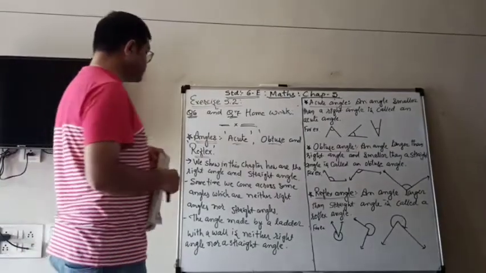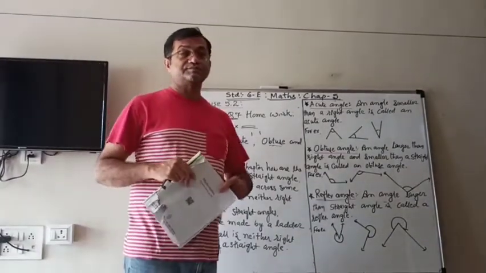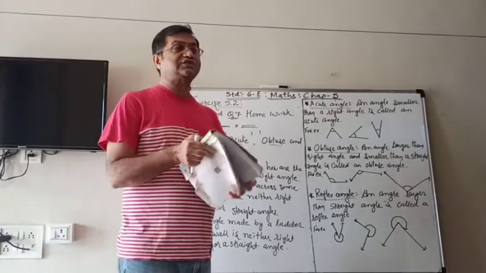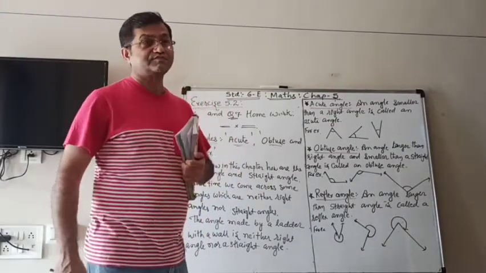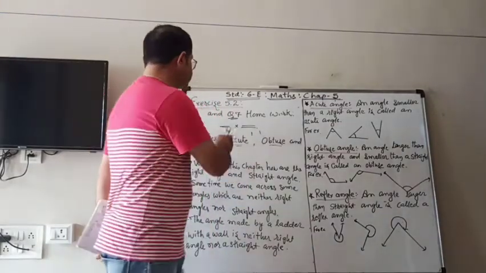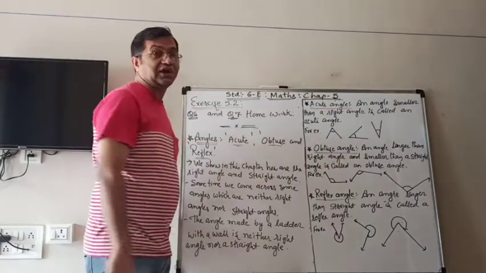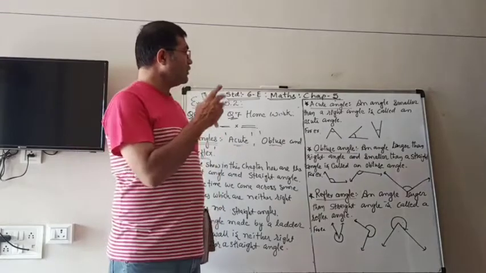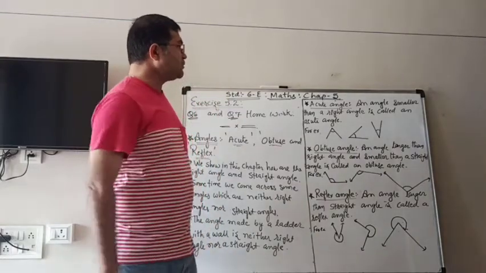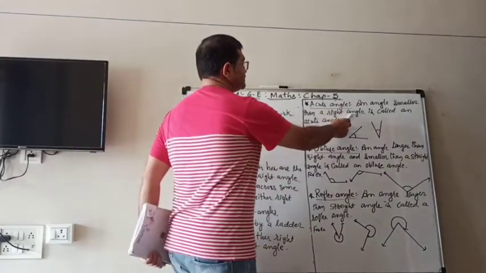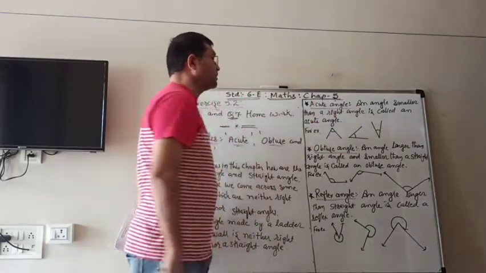Now, which types of angles are there? So we come across three types of angles that are acute angles, obtuse angles, and reflex angles. So now, an angle smaller than a right angle is called an acute angle.